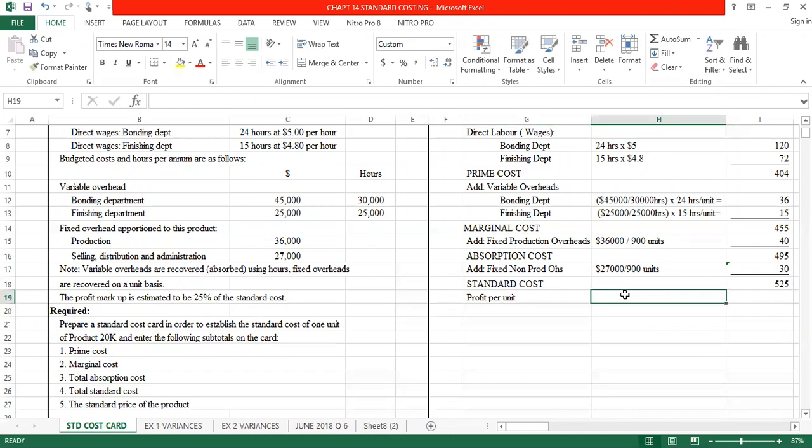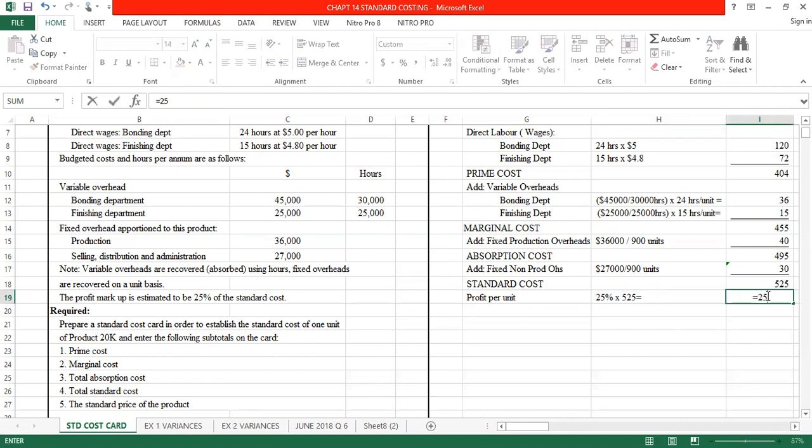So profit markup is 25% times standard cost, 525. Whatever you get there is equal to 25% times 525. So what do you get? 131.